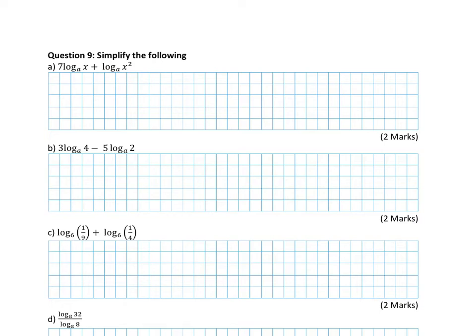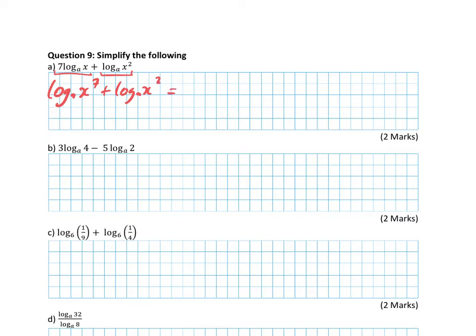a multiplication. I notice here that we've got the same base, and you've got a number out the front, so it's going to be log a x to the 7 plus log in base a x squared.